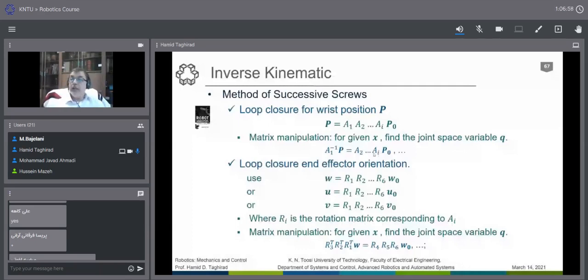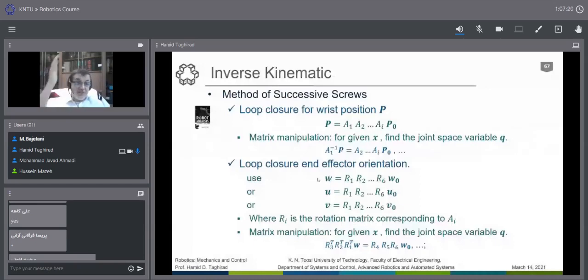We can show that in terms of the orientation, the rotation matrices, not the whole transformation, just the rotation matrices, can be used as well here. R1 to R6, W0 gives you the orientation matrix. We have an orientation matrix UVW, the final orientation matrix.